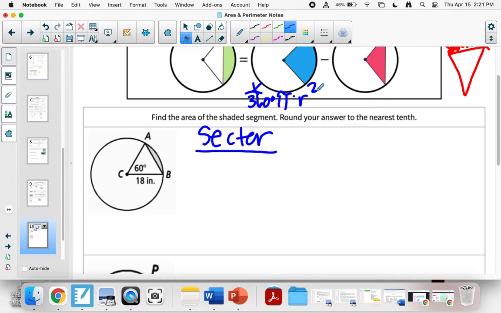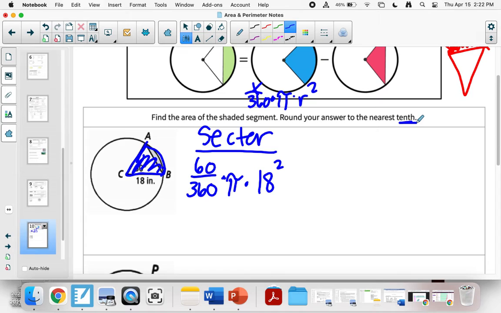How many degrees is my sector? 60, because right now we're finding this whole thing. So we have 60 over 360 times pi times, what's my radius? 18, squared. Now this says round your answer to the nearest tenth.